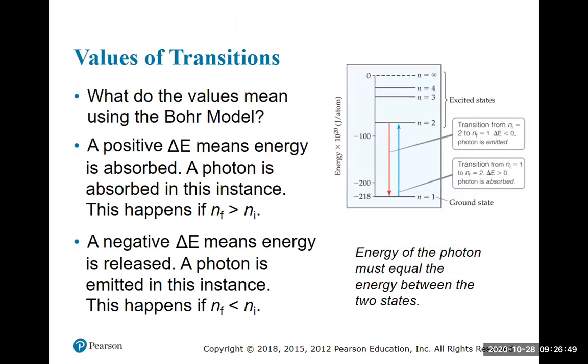If it's a positive delta E value, a change in energy, that means you absorbed energy. If it's negative, it means that photon is given off at that energy. So even in these types of transitions, absorbing is a plus, and giving off is a negative.